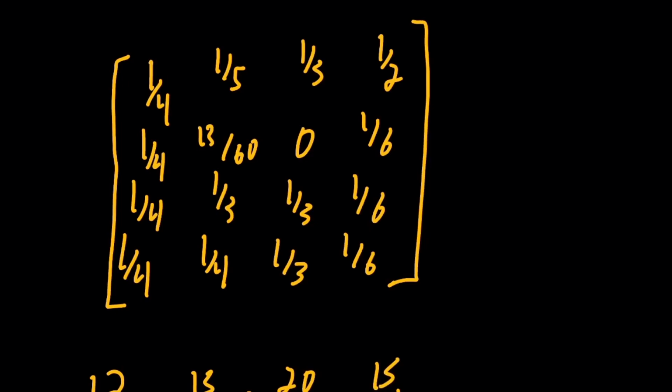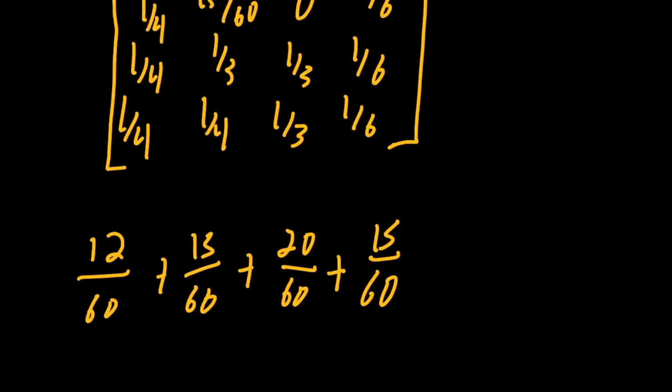Do these values add up to 60? 12 plus 13 is 25. 25 plus 20 is 45. Plus 15 results in 60 over 60.